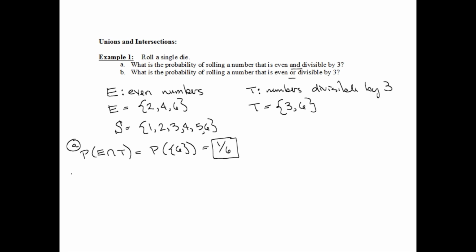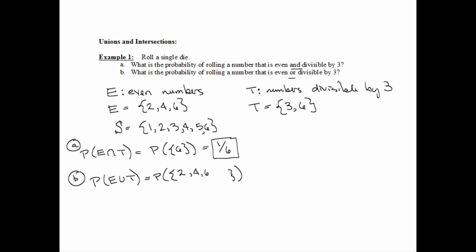Now let's find the probability that we roll a number that's even or divisible by 3. So let's once again write down the set that we are talking about. So it's got to contain everything in E and also everything that's in T. So that'll be 2, 4, 6.